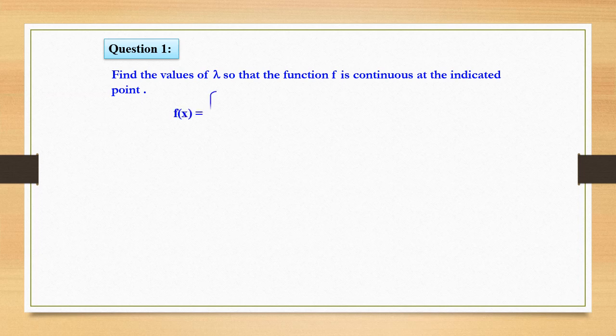So f of x is equal to lambda into x square minus 2x if x is less than or equal to 0, 4x plus 1 if x is greater than 0, at the point x is equal to 0. In the question it's mentioned that the function is continuous at x is equal to 0.